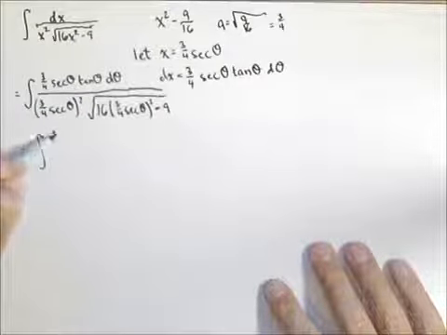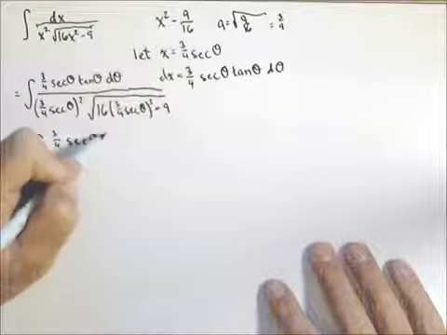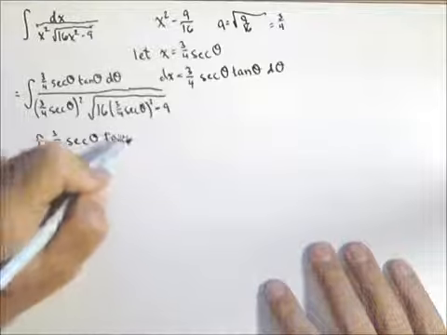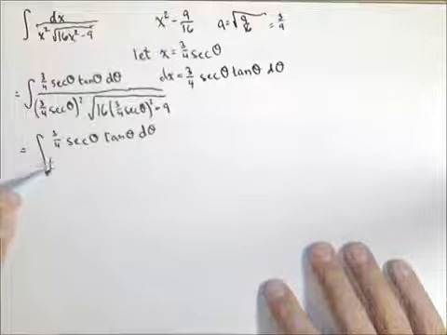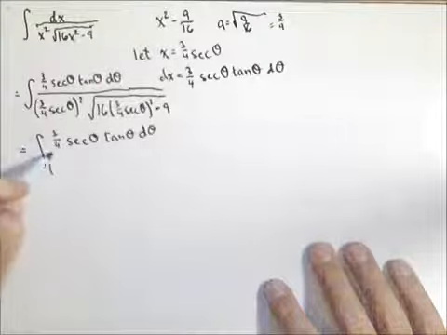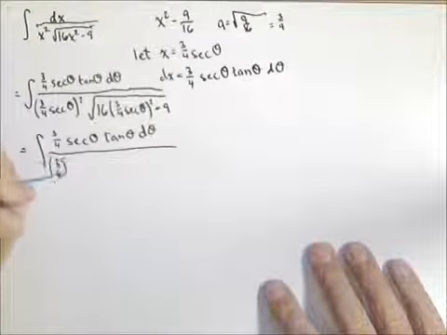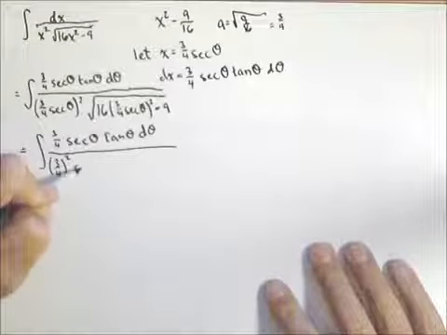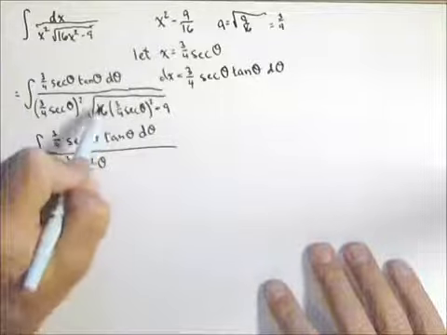So now we've got 3/4 secant theta tangent theta d theta on top. I'm going to start getting rid of some of these parentheses. Down here on bottom, we have a 3/4 squared, a secant squared theta. And now this is cool.